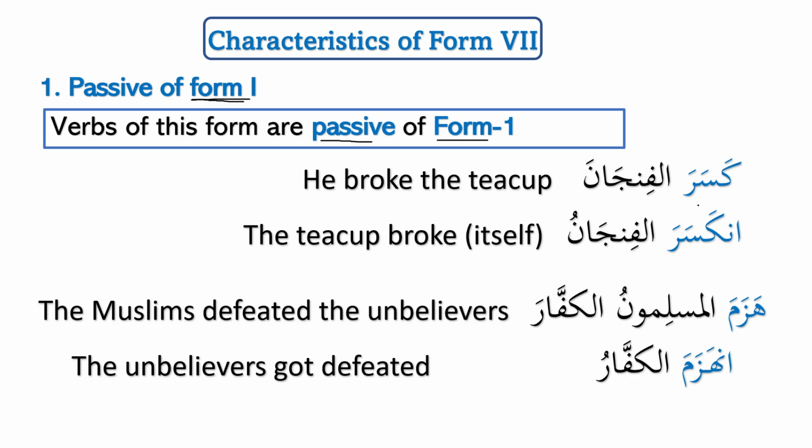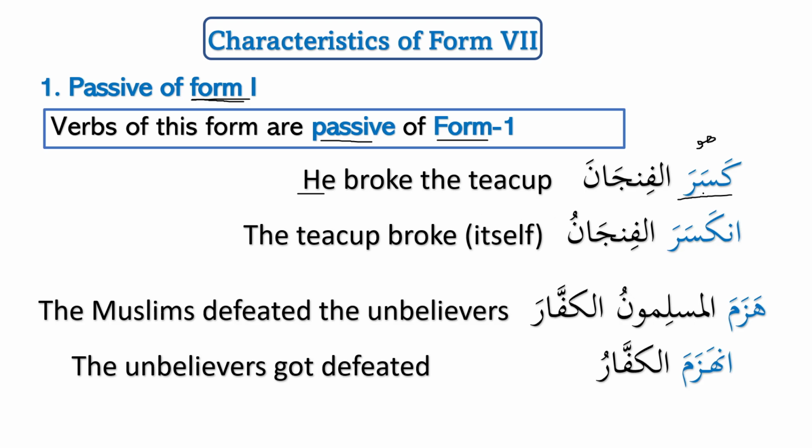Kasara al-finjana, he broke the teacup. When we look at the translation, we have "he", so the doer is hidden, mustatir, and it is huwa. So basically it is huwa kasara al-finjana, he broke the teacup.